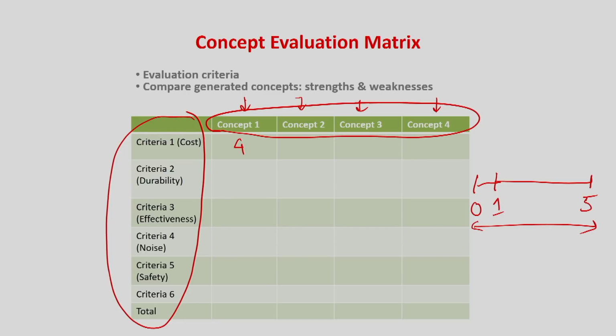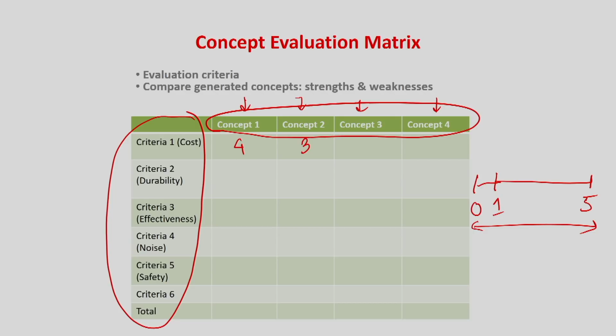For concept 2, I think it is moderate, it is not very low, but it is not highly priced as well. So, I would provide it a 3. Concept 3 would be really costly, given the kind of ideas that I have. If I really try to make those things happen, it would become really costly.